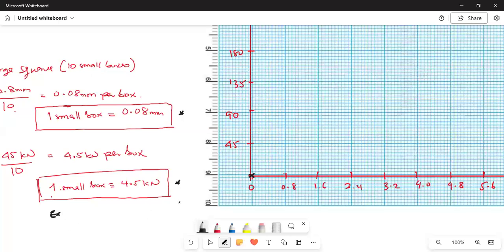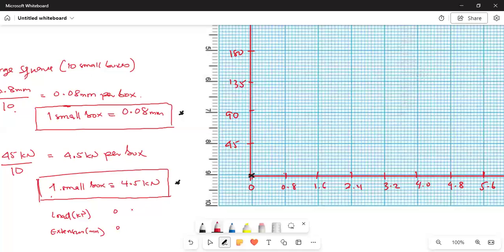Control Z. Some people may ask about the values. This is the load, and this is the extension. This is the original question. The first point is 0, 0.